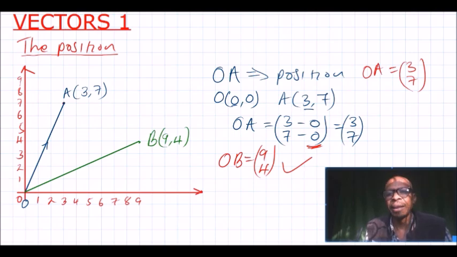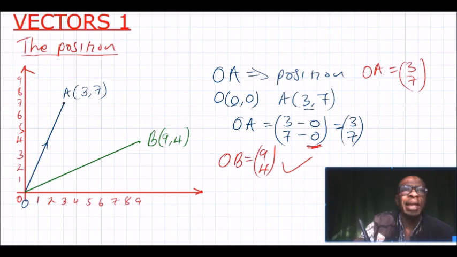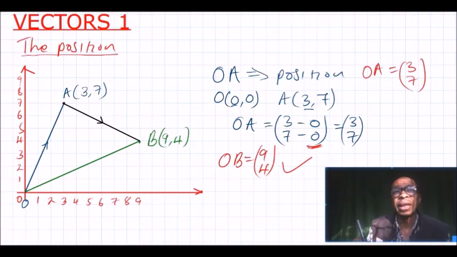Any vector starting from the origin is known as the position vector. Now, with the position vectors, we can form a vector AB. AB is not a position vector because it originates from A to where we have B. We can get the displacement as a column vector.